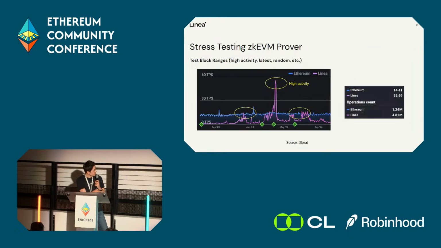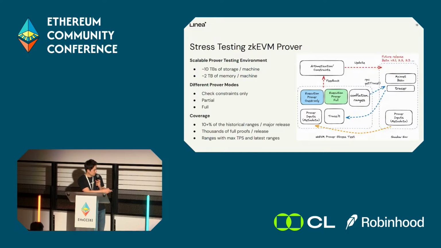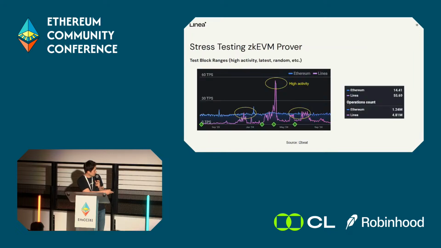So when I talk about the testing ranges, I said maybe we can test the historical ranges, because when you go to the Explorer, you can have those historical ranges already. But what we found out is that when you randomly test your traces, it's not that efficient, because as you can see here, we had this transaction TPS, and this is Ethereum, and the pink one is Linea.